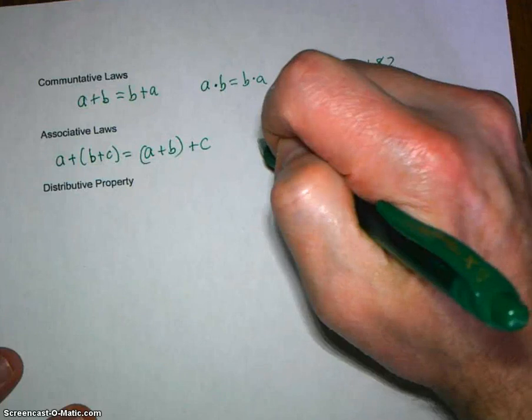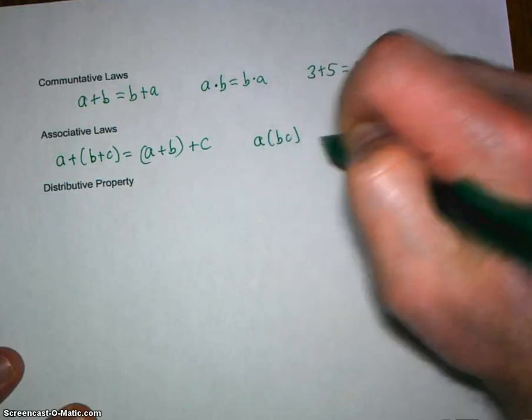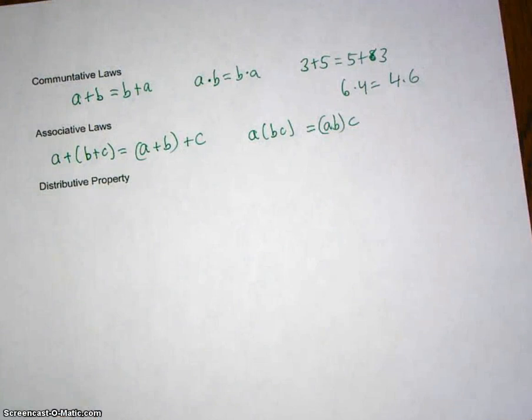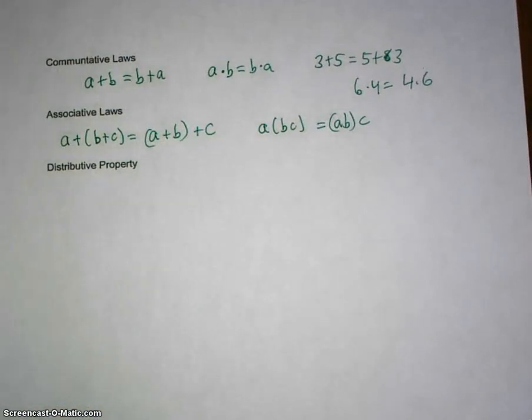And the same thing with multiplication: A times BC is AB times C. You can check. Neither of these laws work for subtraction or division. I'm not going to write that out. Just pick a couple of random numbers, plug them in and try it, and you'll find that they don't work.